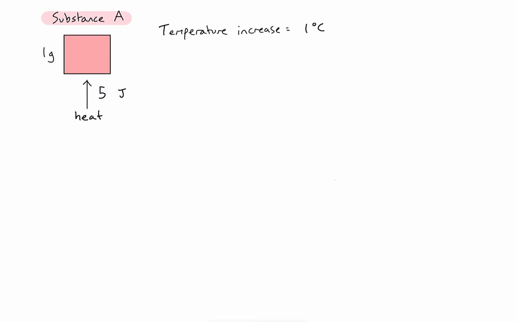Now the amount of energy required to increase the temperature of 1 gram of substance by 1 degree is known as the specific heat capacity. So we can write it something like this. And you'll notice here that the symbol to represent specific heat capacity is the letter C. So in this case it's taken 5 joules to heat up 1 gram by 1 degree.